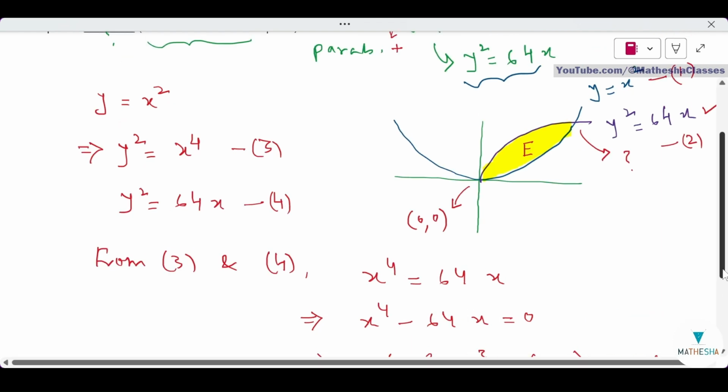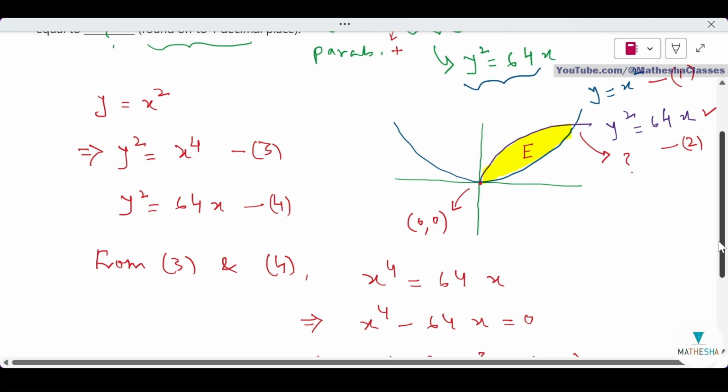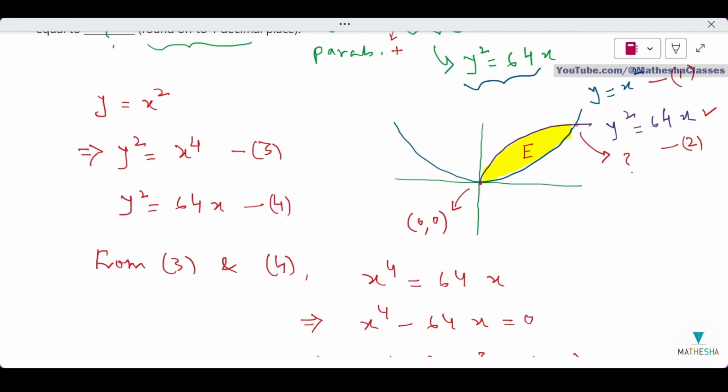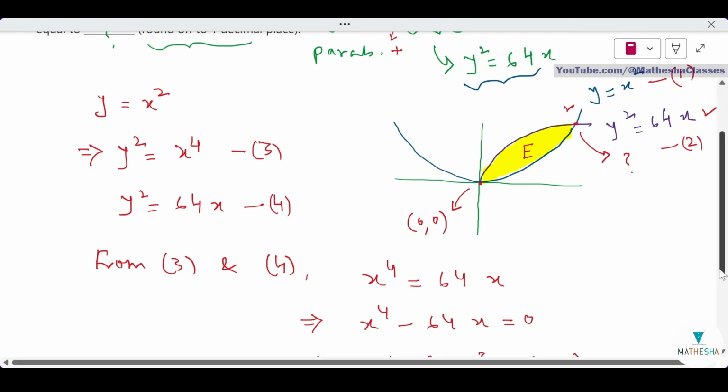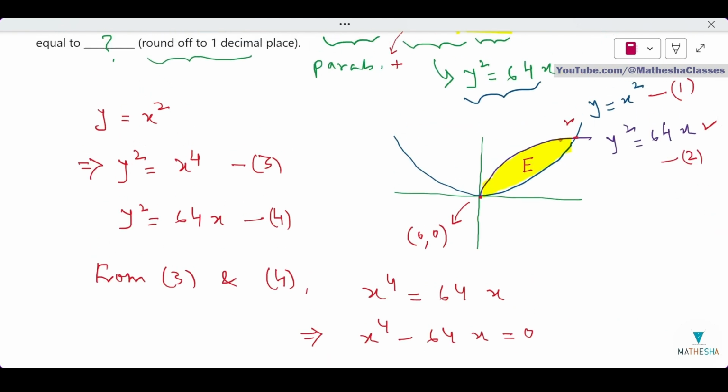Now when x equal to 0, you will be getting the origin. When x equal to 4, you will be getting another point, this point. This point has x coordinate 4.